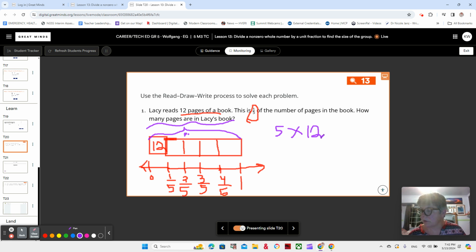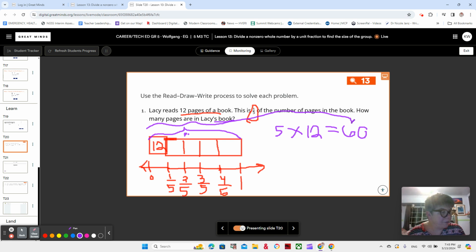That makes sense. And what is 5 times 12? That is 60. Very good. And 60 represents the number of pages in the book. So, wow, we kind of have the answer here, don't we? Does it make sense that the answer is greater than 12? Yes, because 12 is only 1/5.